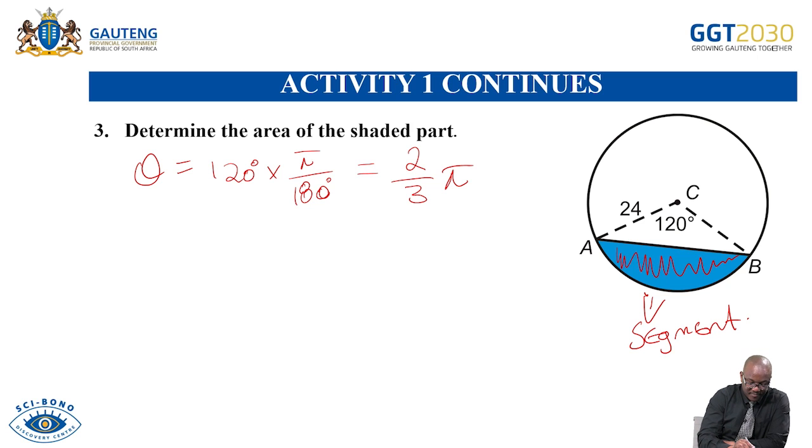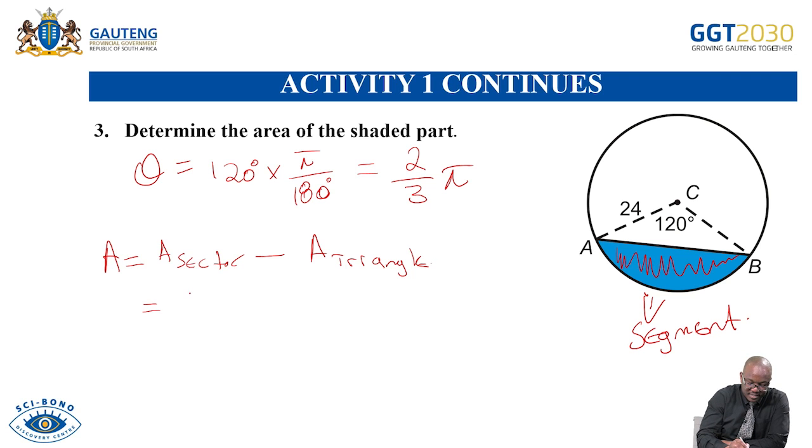And we spoke that for you to get the area of a segment, you must have the area of a sector minus the area of a triangle. Correct. So now, what is the area of the sector?